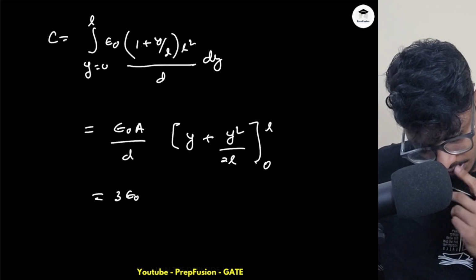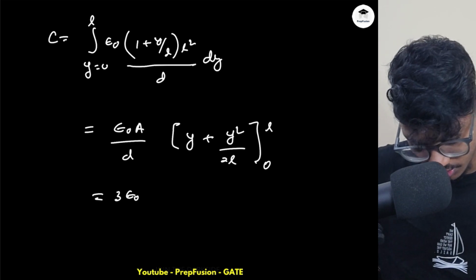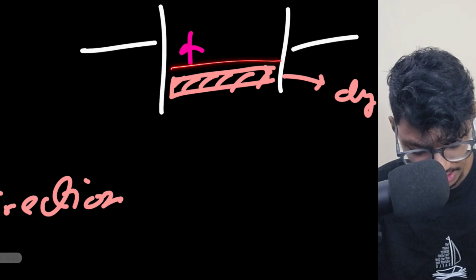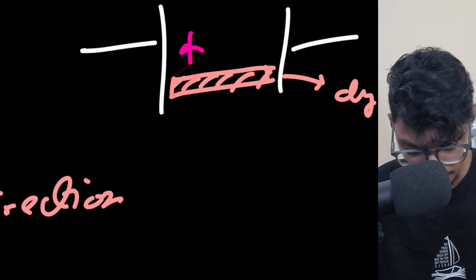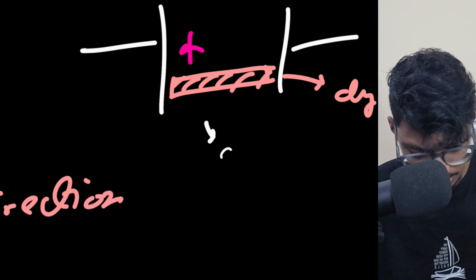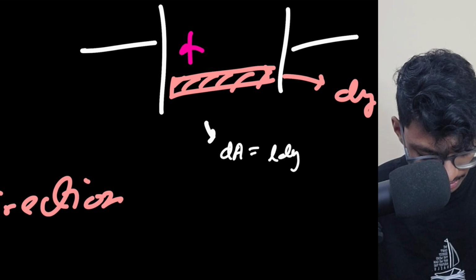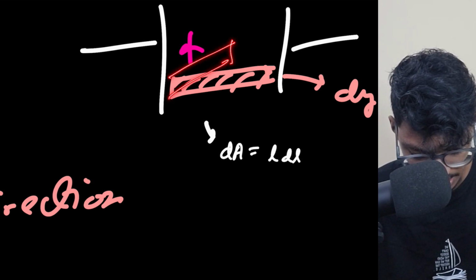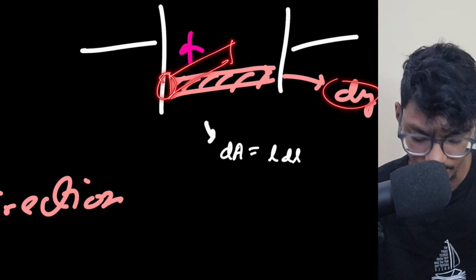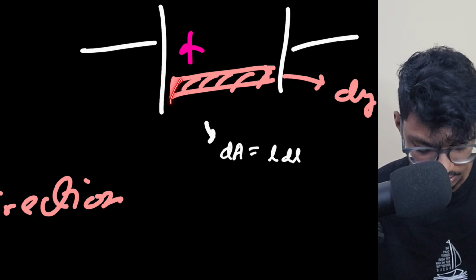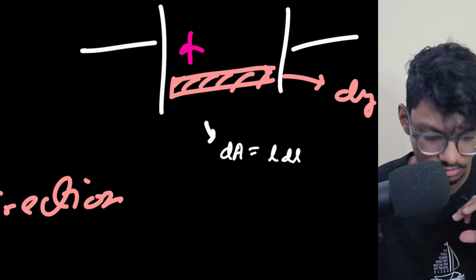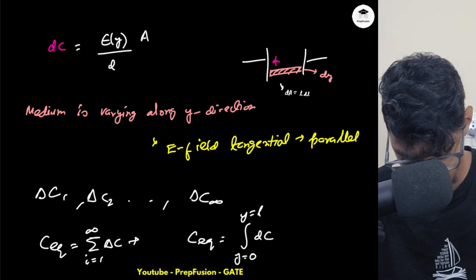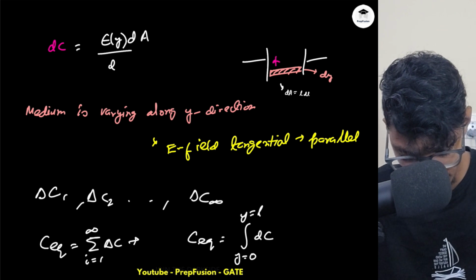Okay, fine. But I am actually changing, so this will not be L square. This will be L times dy. Why will this be L times dy? Because I am just taking a small element. So what is the area dA of this small element? L times dy, because this distance is L, that is constant, and this distance is dy. So the area of this small length is L times dy. I have made a bit of a mistake; this should have been dA.